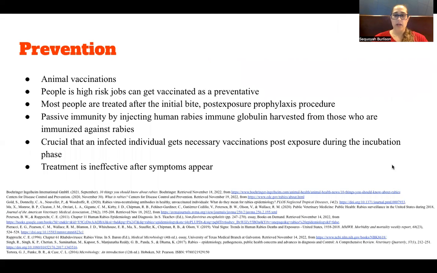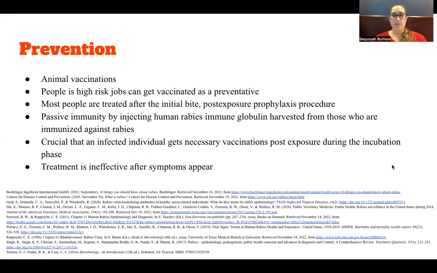The main way to prevent the spread of rabies is to vaccinate animals. Luckily, with the United States having such a high domestic vaccination rate, we have significantly reduced our rabies cases. However, in a lot of poorer countries, there's a lot of stray dogs, and this is why dogs are the most common cause of infection.